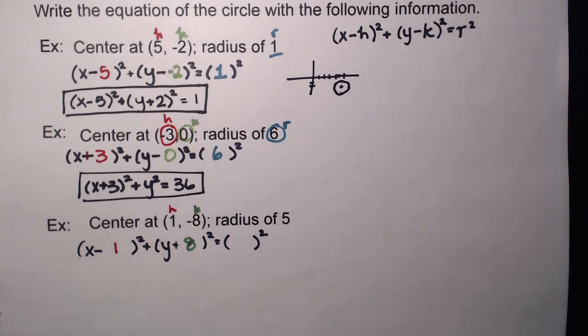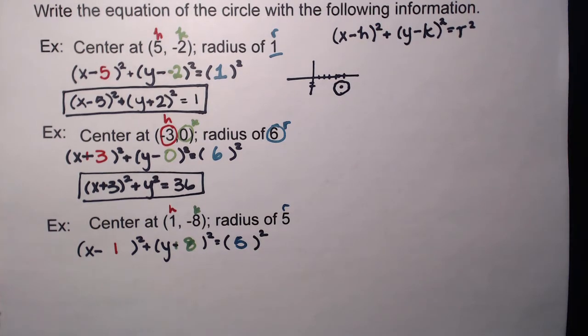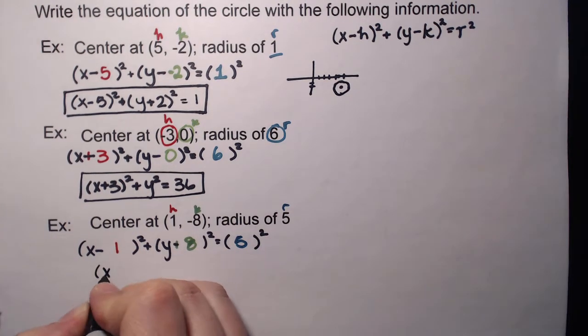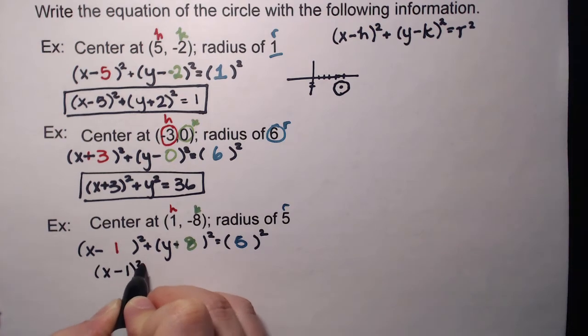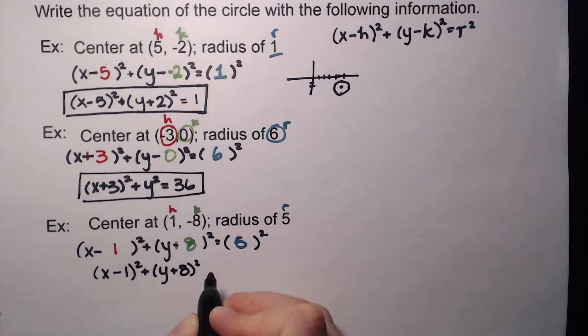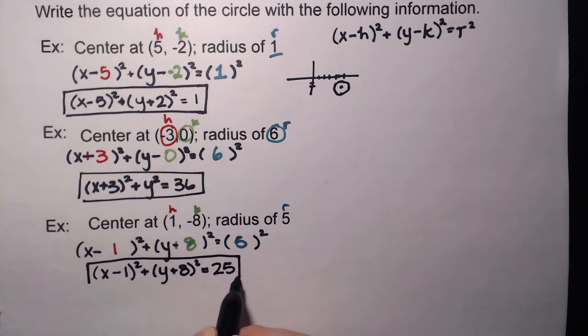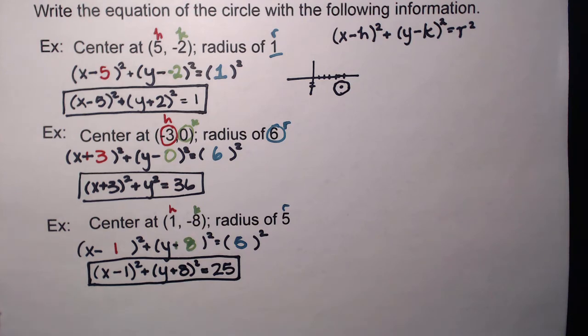And this is r. So I have x minus 1 squared plus y plus 8 squared equals 25. If you got that one wrong, maybe go back and look at what we did up here.